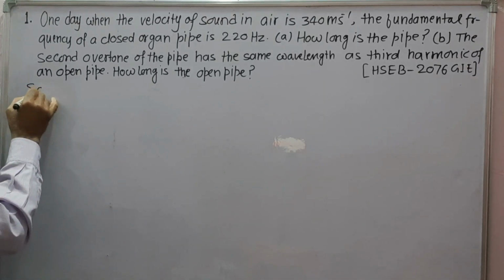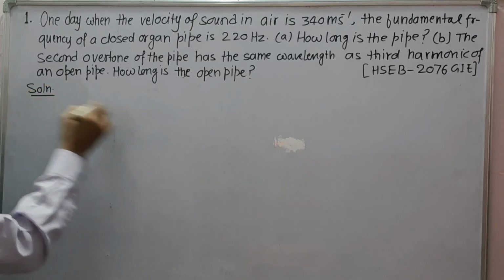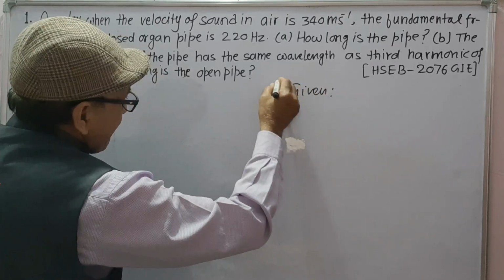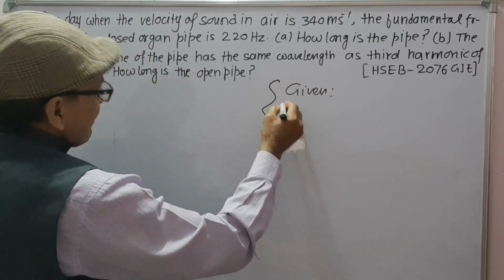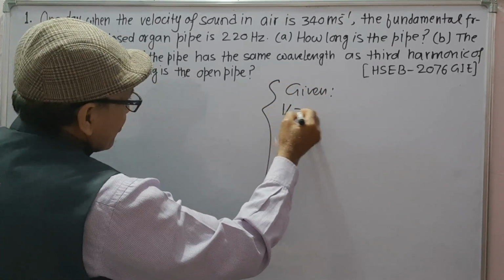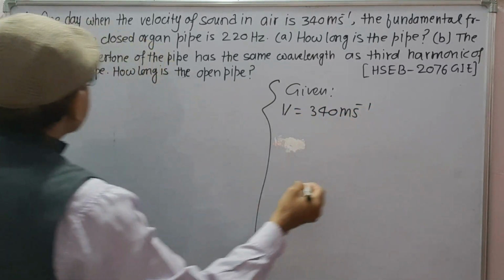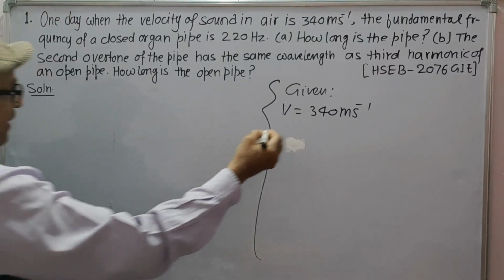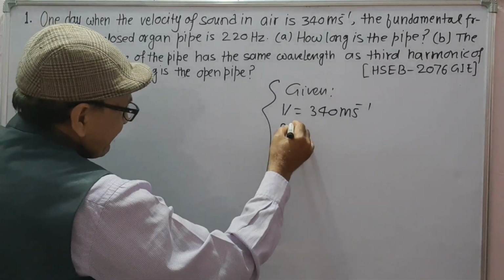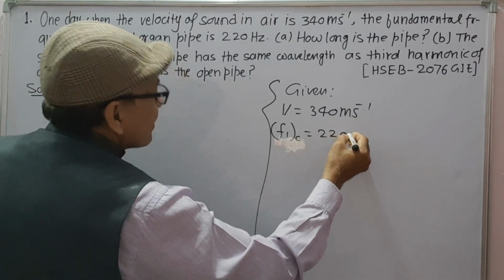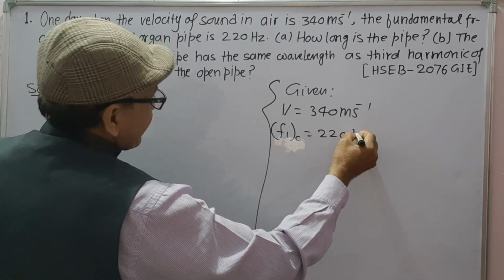Solution. Given v is equal to 340 meter per second, which is velocity of sound in air. F1 for closed pipe is equal to 220 Hz.